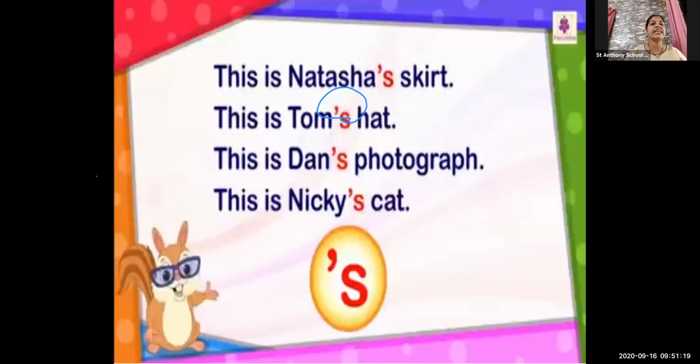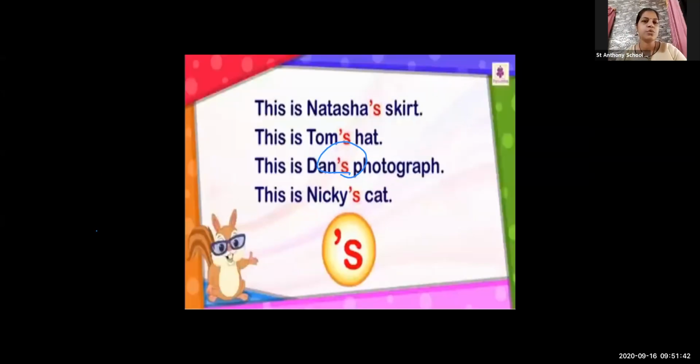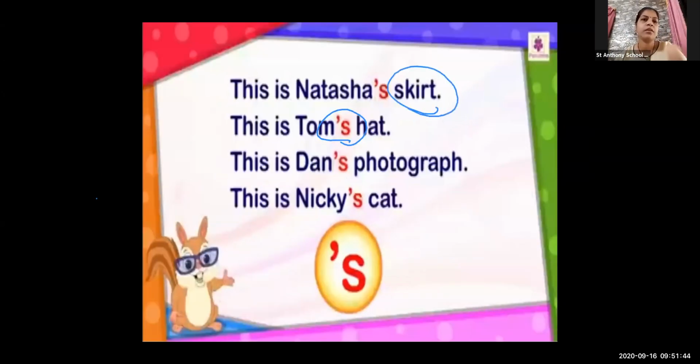This is Nikki's cat. The cat itself belongs to Nikki. The cat is whose? It is Nikki's cat. So to show that belonging, or to show that ownership, I gave the example, this is Nikki's cat. Whatever object I have shown, the last word is the noun itself.